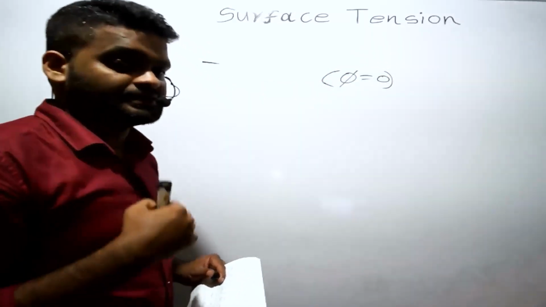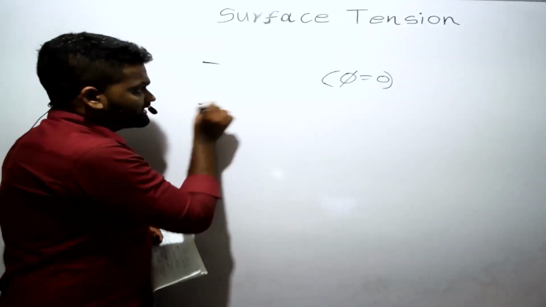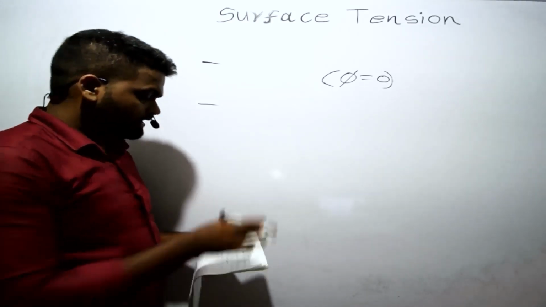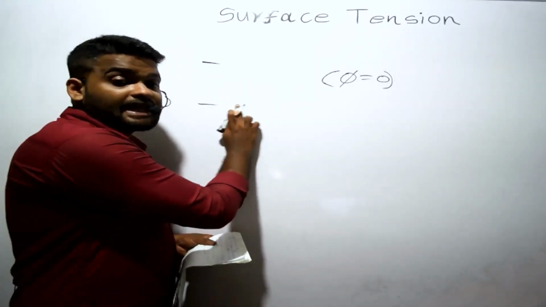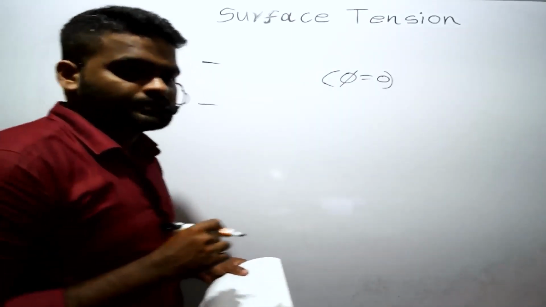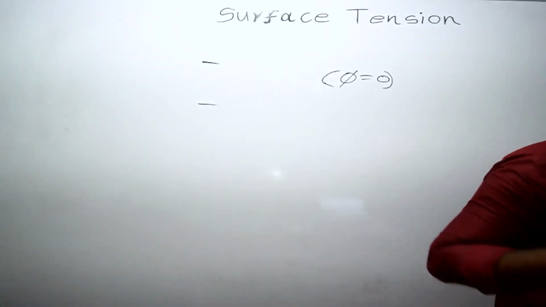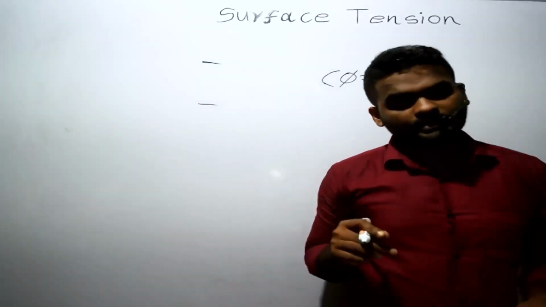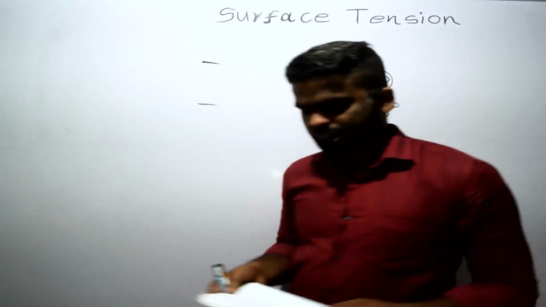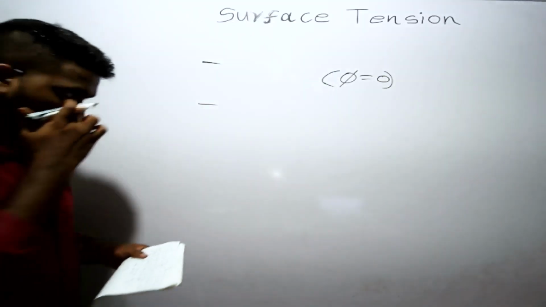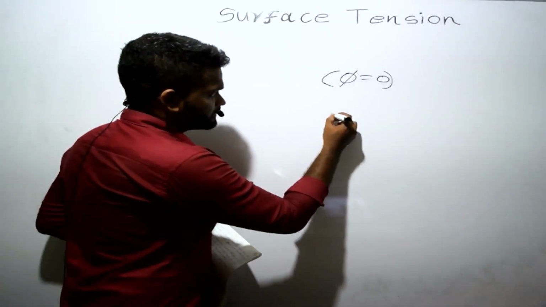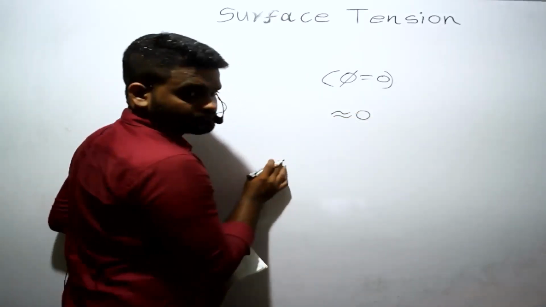Okay, I'll explain this. Then the next case, write down: contact angle between clean water and clean glass is approximately equal to 0.